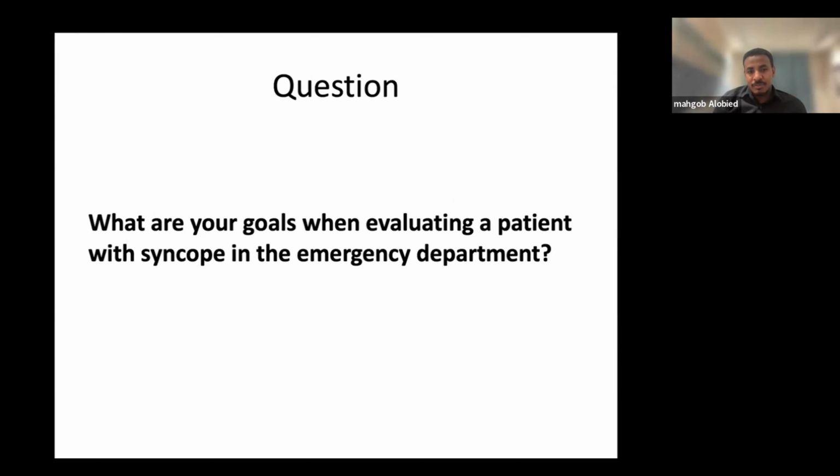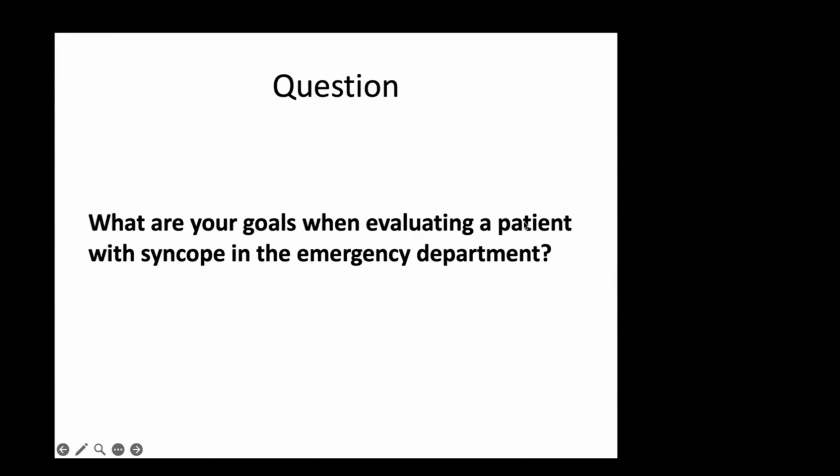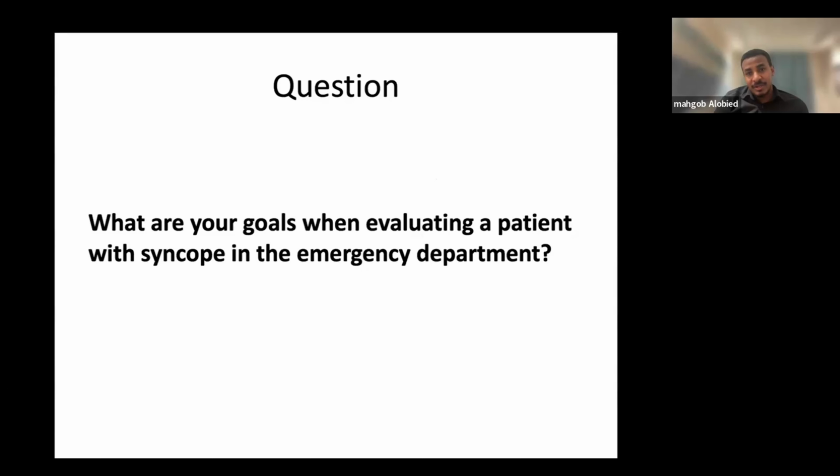What are your goals? Can anyone share any ideas? After stabilizing the patient, we will check for the underlying cause. Okay, so the underlying cause, that's the first thing that you think about. What else?